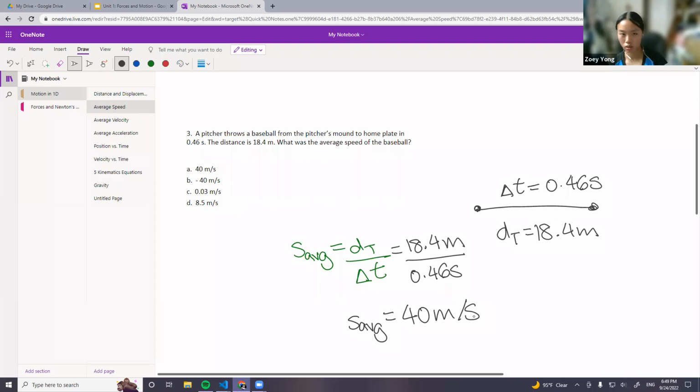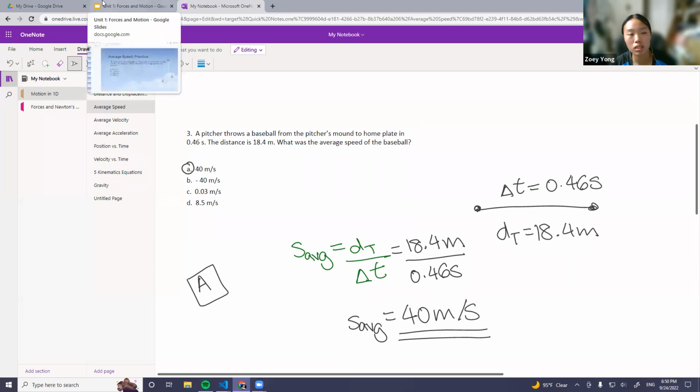It's always just going to be positive because this is speed and speed is a scalar quantity. And so this is just our answer. And if we look here at the multiple choice, our answer is A.